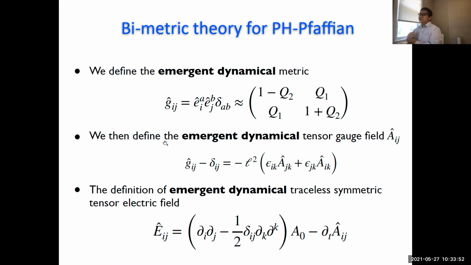And from the emergent dynamical metric, we can define the emergent dynamical tensor gauge field A-hat_ij defined in terms of g-hat_ij. So from that, we can follow our previous formalism and define the emergent dynamical Chern-Simons symmetric tensor electric field with this form. Here, instead of the A_ij defined in terms of the background metric g_ij, we define the A-hat_ij defined in terms of the emergent metric g-hat_ij.